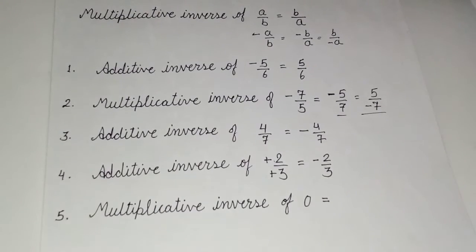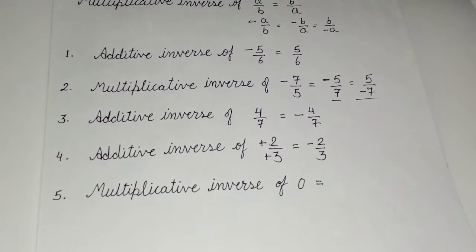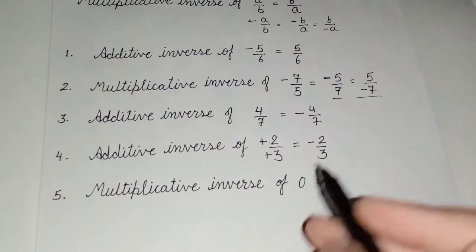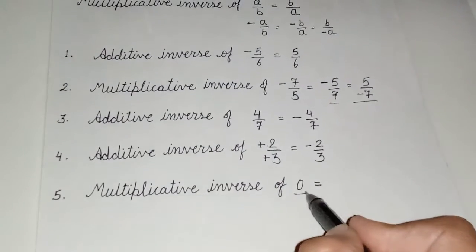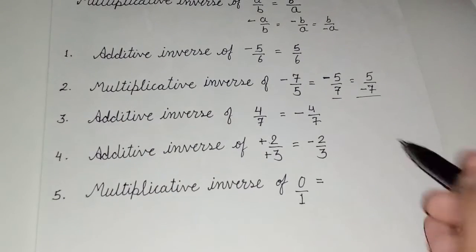Got it? The next and the last one is multiplicative inverse of 0. So, as you know that each and every number has 1 as denominator, right? So, we can write it as 0 upon 1. Multiplicative inverse means interchange of numerator and denominator.